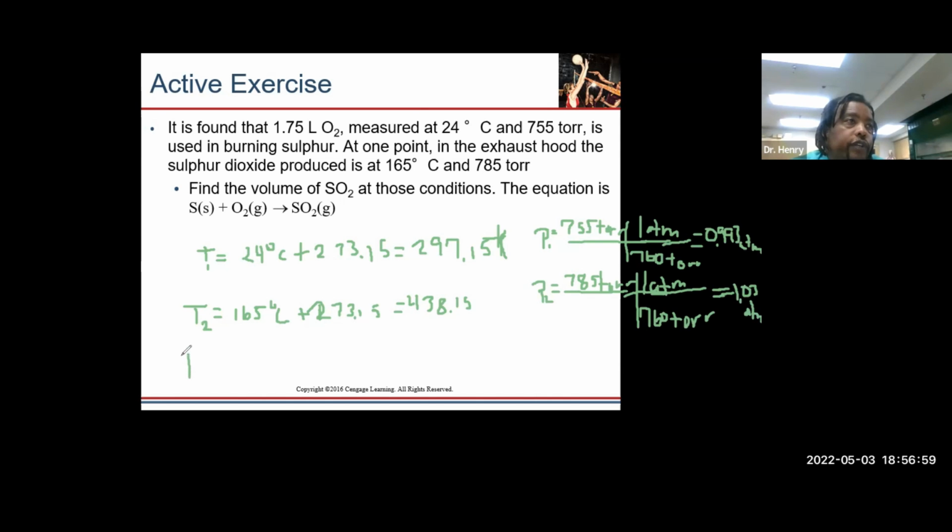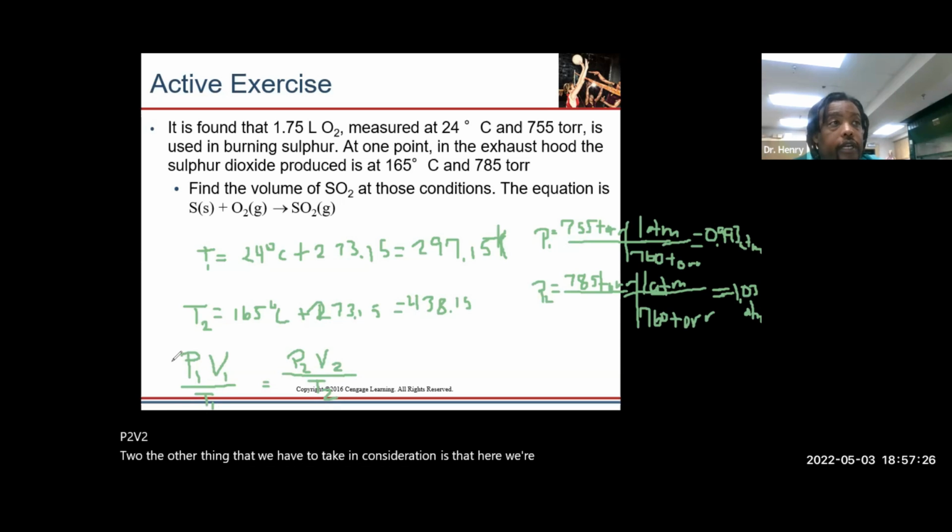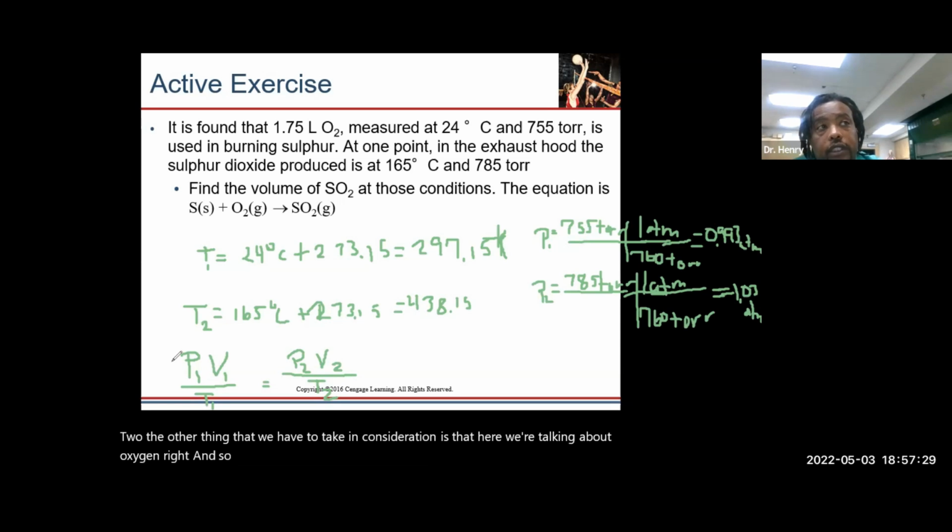Okay. So if we use the combined law, P1 V1 over T1 equals P2 V2 over T2. The other thing that we have to take into consideration is that here we're talking about oxygen, right? And so we would need the mole-to-mole ratio of oxygen to sulfur dioxide.